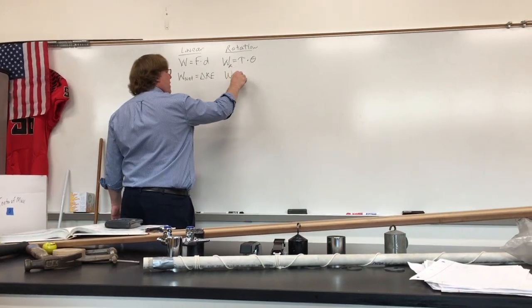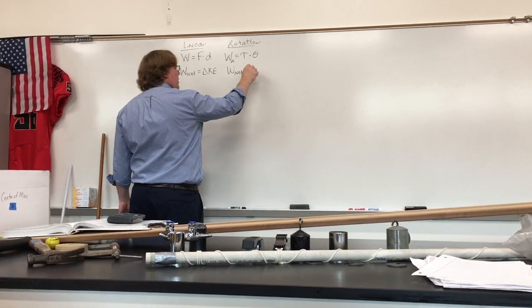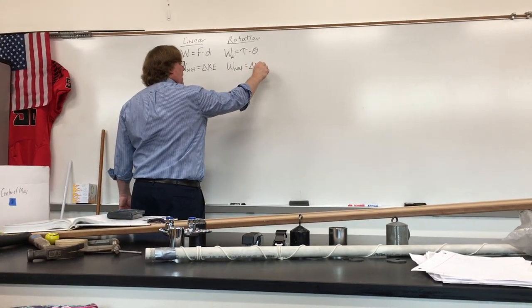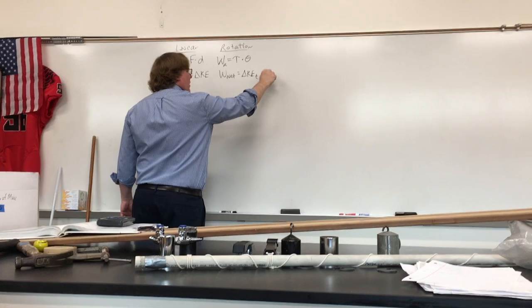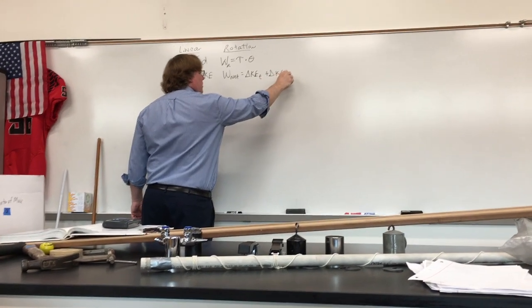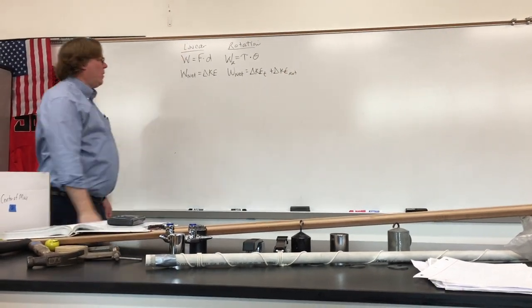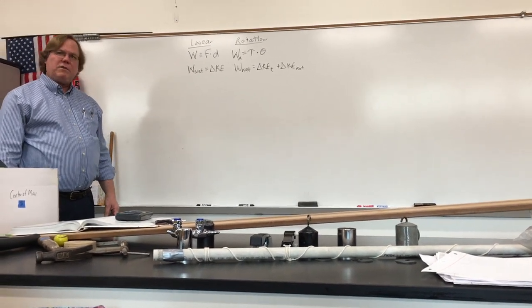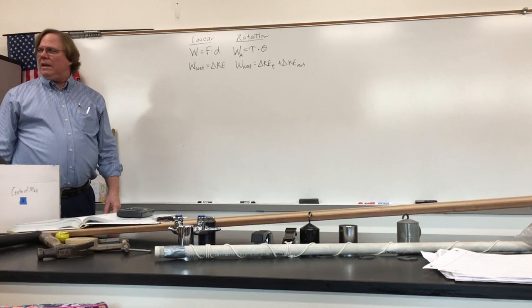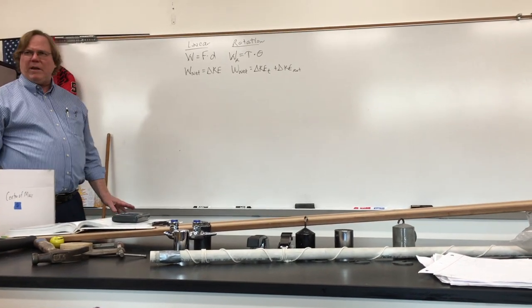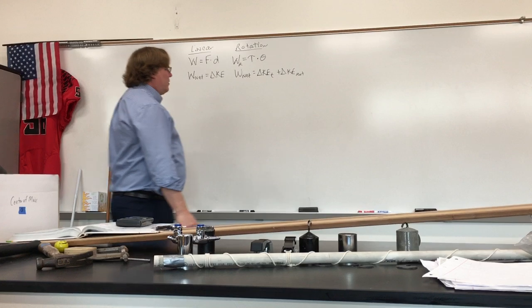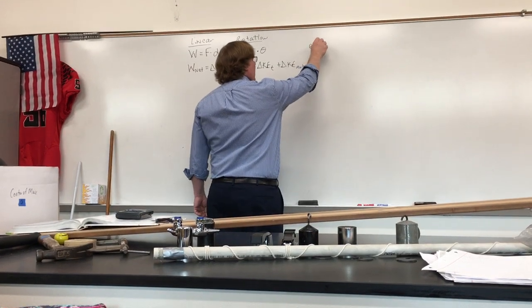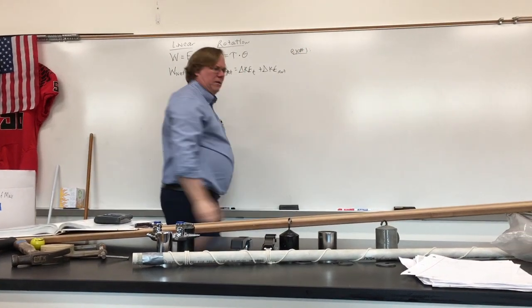Now the net work equals the change in the translational kinetic energy plus the change in the rotational kinetic energy. That is, the net work on a system is the sum of the changes of the translational and rotational kinetic energies. You guys okay with that? Okay, so let's do an example that utilizes this.